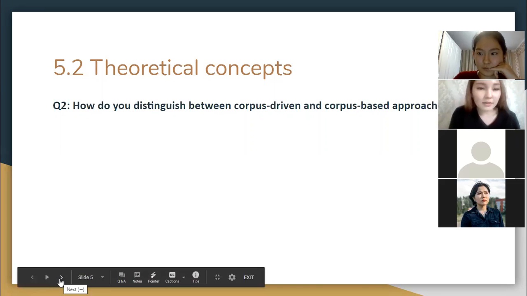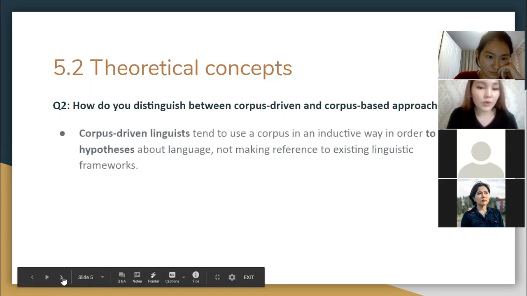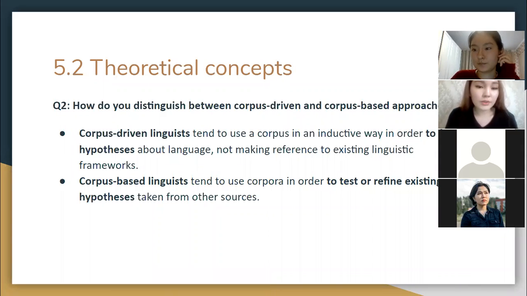Okay, so corpus-driven linguists tend to use a corpus in an inductive way in order to form hypotheses about some language, without making reference to existing linguistic frameworks. And corpus-based linguists tend to use corpora in order to test or refine existing hypotheses, as you already said. Next slide.